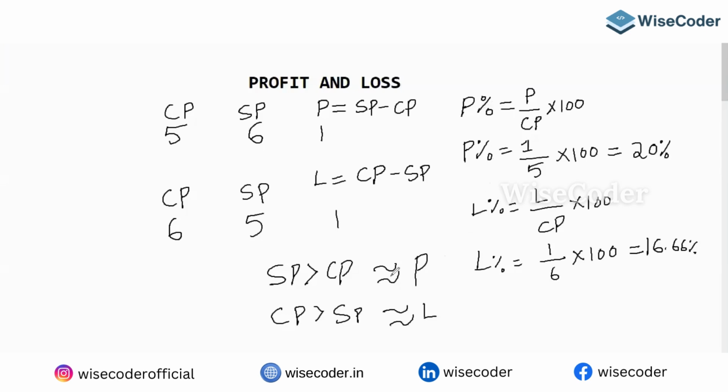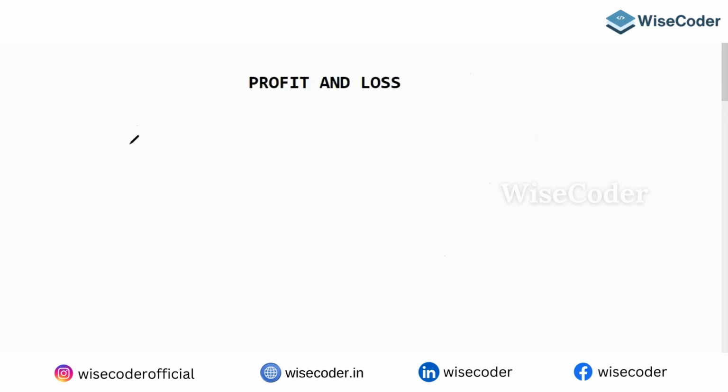If you know these two concepts and if you know profit percentage and loss percentage, you can get your answers. Let me write all the formulas once again. First, profit means SP minus CP. Loss means CP minus SP.